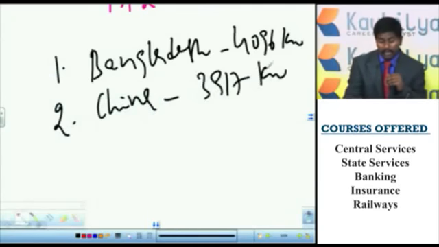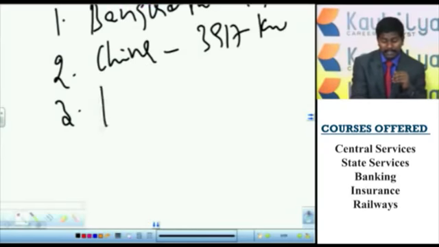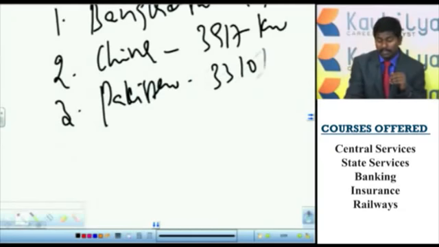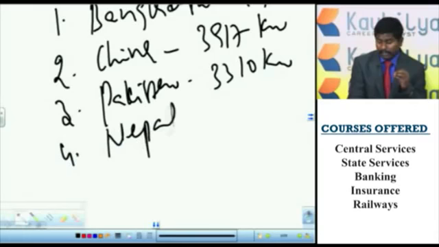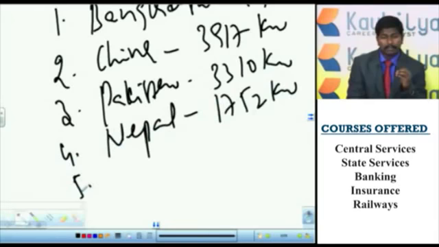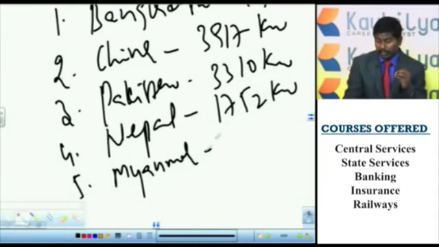and it is 3917 kilometers, and after this the third longest border with India is Pakistan, it is 3010 kilometers. Then the fourth longest border with India is Nepal, around 1752 kilometers, and after this Myanmar, its border length is around 1458 kilometers.